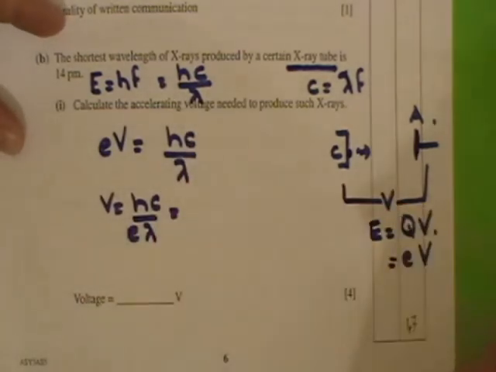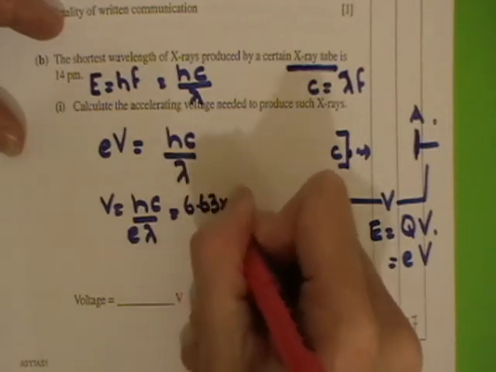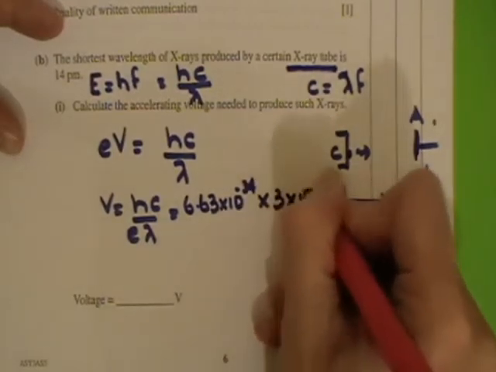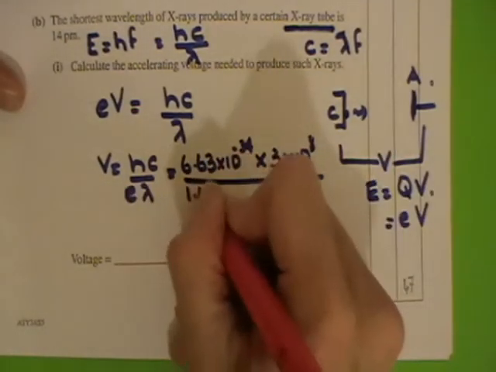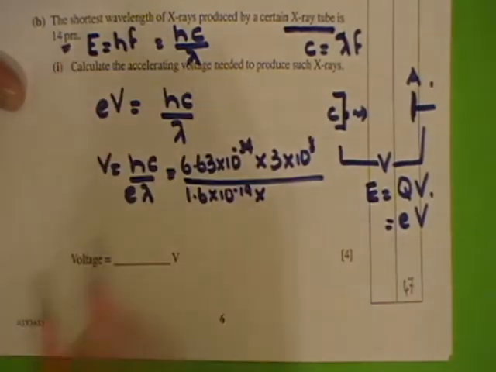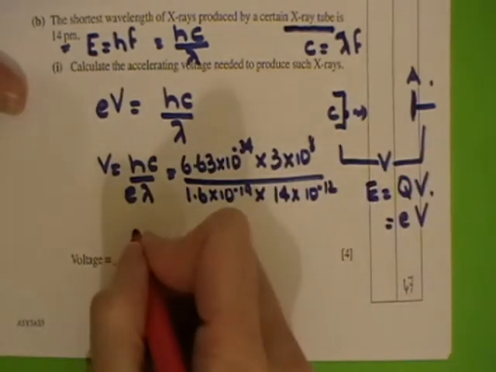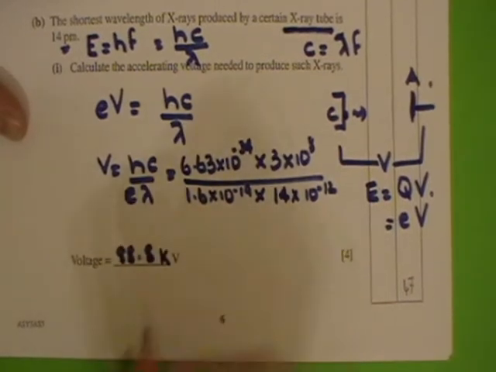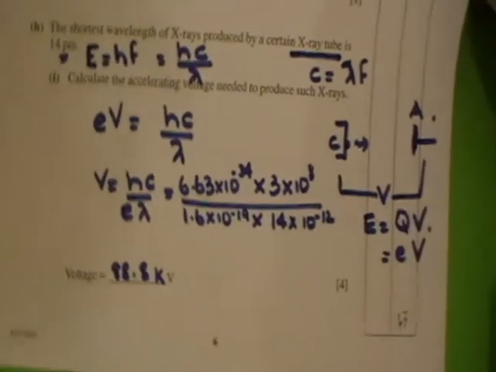Putting values in: 6.63 by 10 to the minus 34 is Planck's constant, by 3 by 10 to the 8, the speed of light, divided by the electronic charge, 1.6 by 10 to the minus 19, and wavelength, changed into meters, is 14 by 10 to the minus 12. That gives you an answer of 88.8 kilovolts, or 88.8 by 10 to the 3 volts.